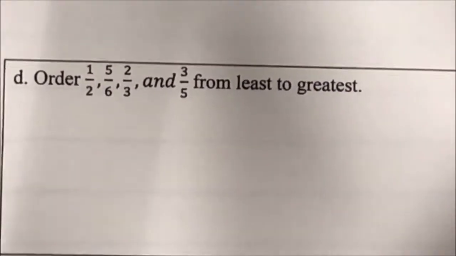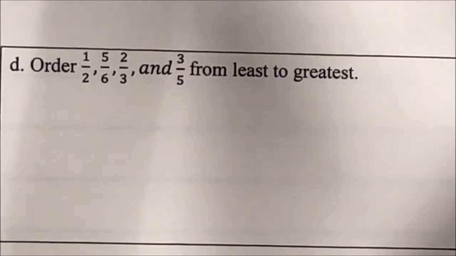Letter D asks us to order 1/2, 5/6, 2/3, and 3/5 from least to greatest. So my common denominator here is going to be 30.